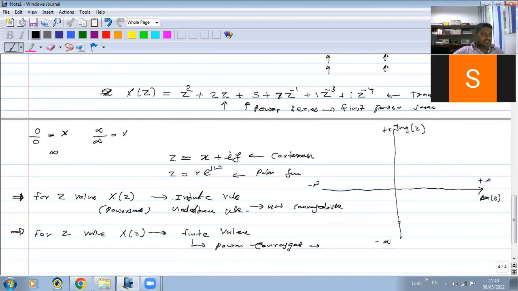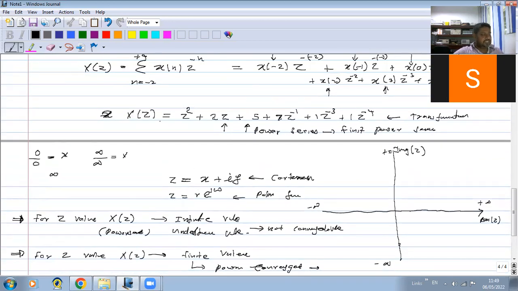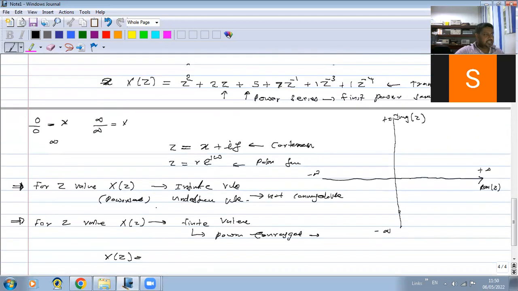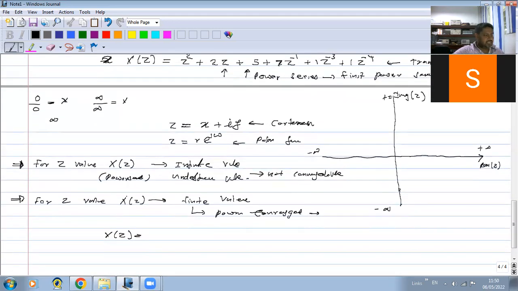So we will see this example. We have this series x(z), and I can write x(z) like this: z square plus 2z plus 5 plus 2 by z plus 1 by z to the power 3 plus 1 by z to the power 4.